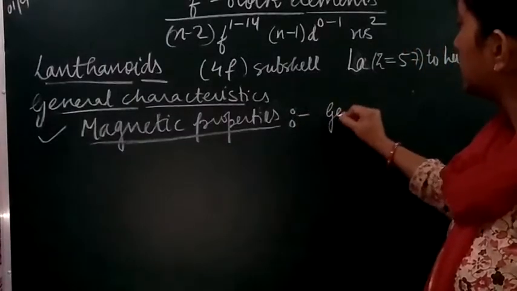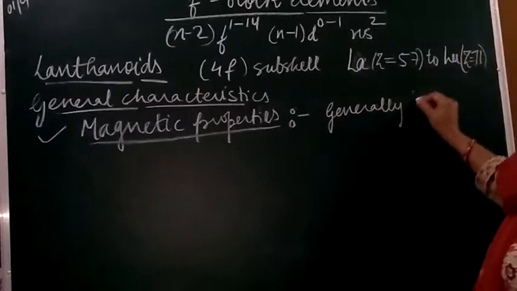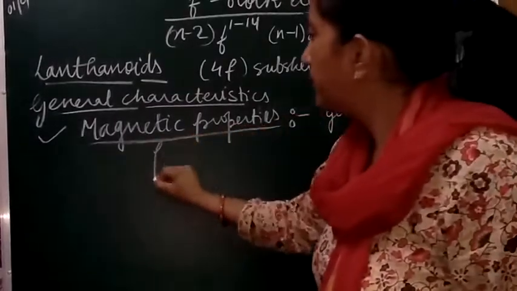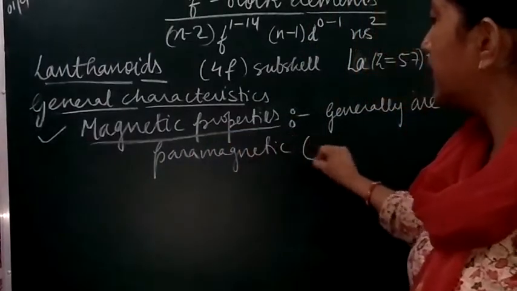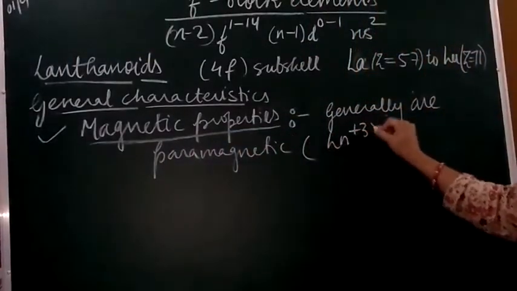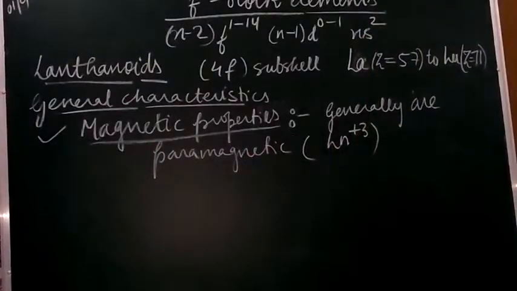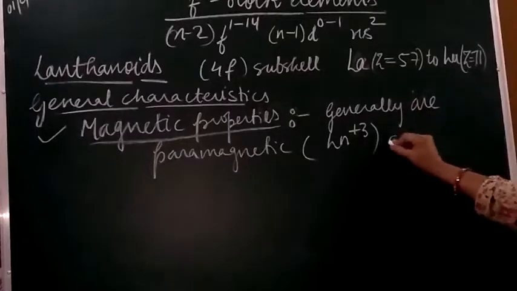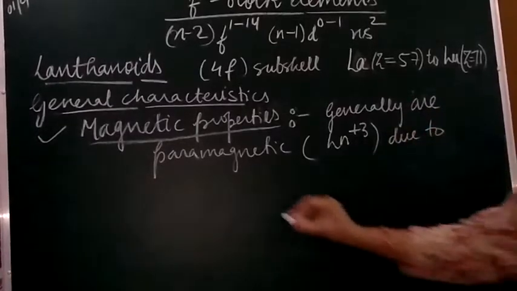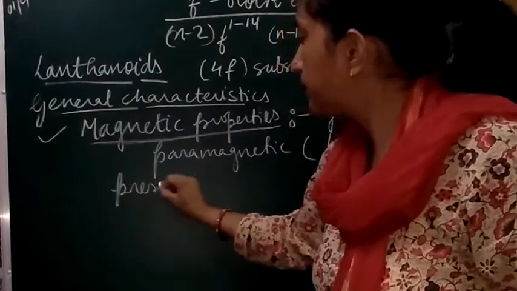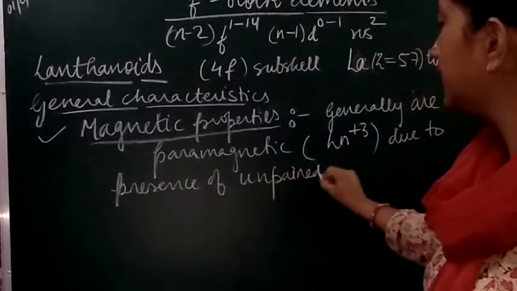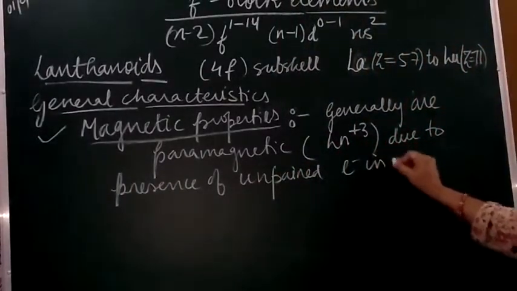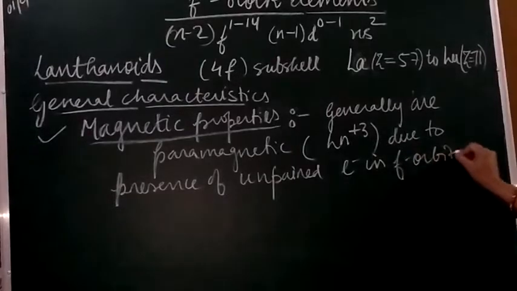So the magnetic properties: generally they are paramagnetic, right? In the +3 state, we are assuming the +3 state here because that is the most common oxidation state of the lanthanoids. They are generally paramagnetic due to the presence of partly filled, or we can say unpaired, electrons in f orbitals.